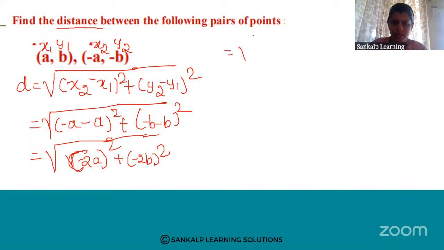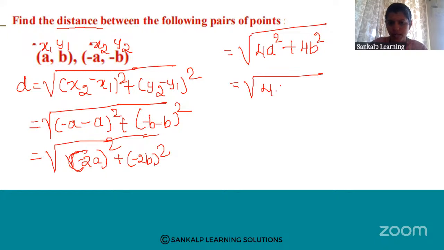Now the square root of minus 2a whole square: minus 2 square is 4, a square is a square, plus minus 2 square is 4 and b square is b square. Now take 4 common, in the bracket a square plus b square will remain. Now square root of 4 is 2.